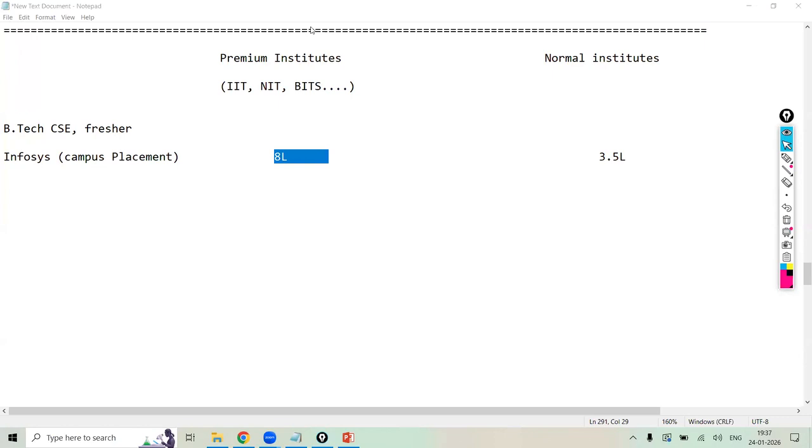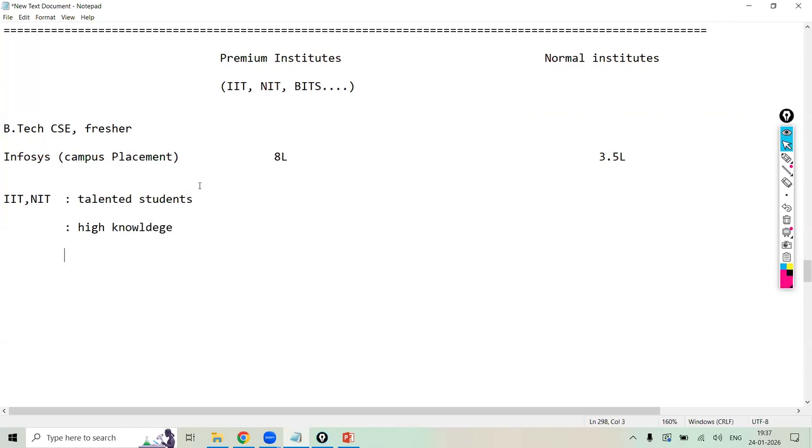It is not name and fame, it is not something else. Many people will think that the first point is that in IITs or NITs, in the premium institutes, talented students are there. Second, they have high knowledge.